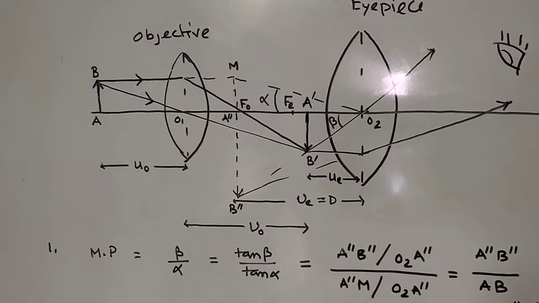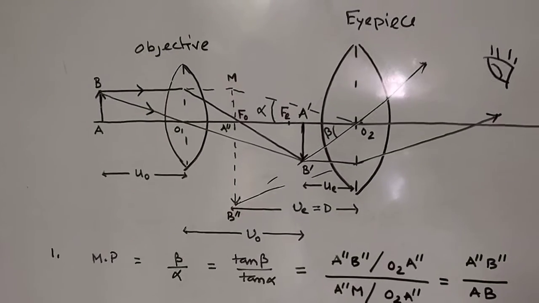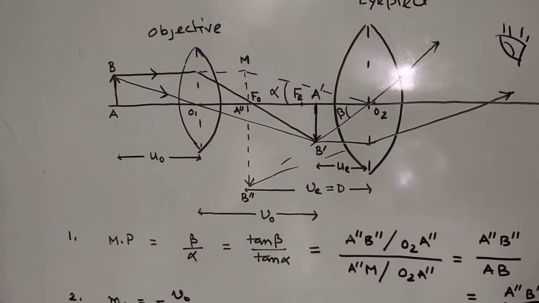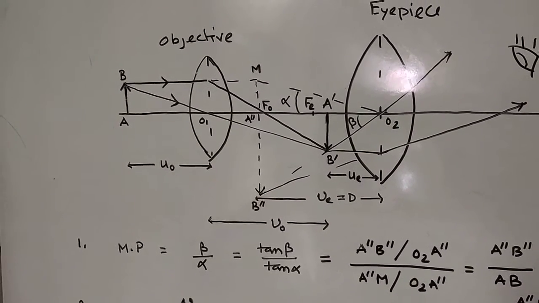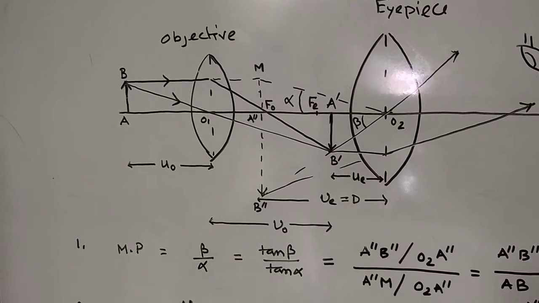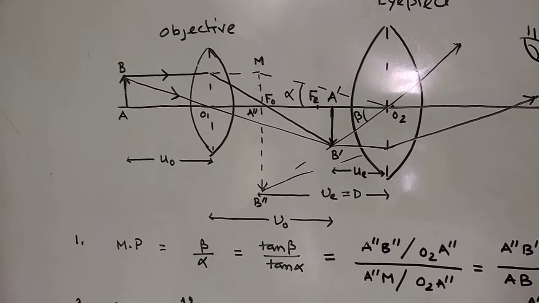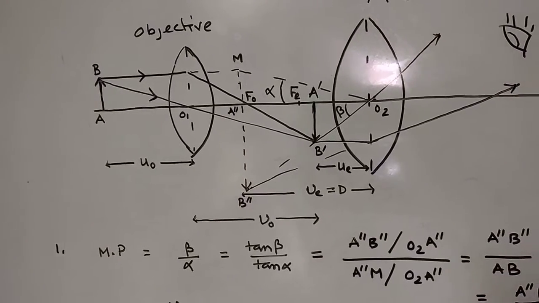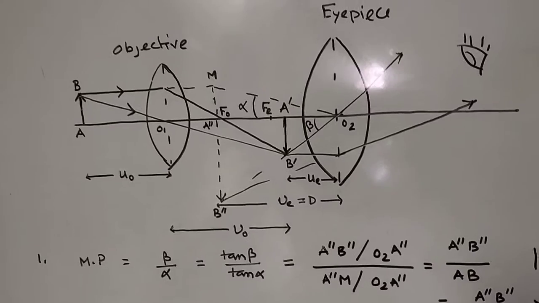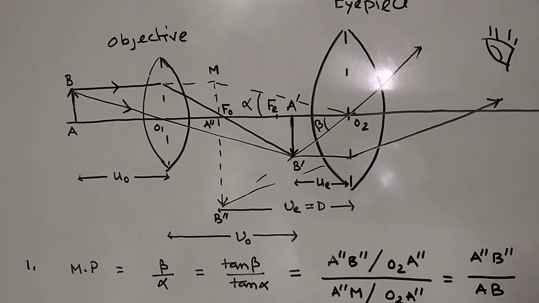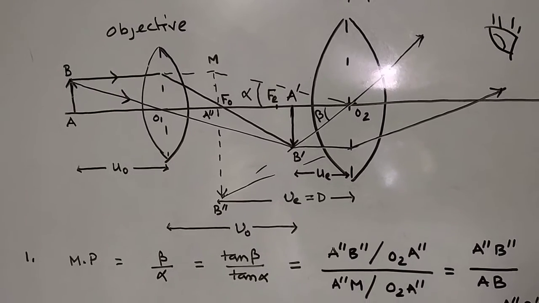Now if you have to place the object at the least distance of distinct vision, you have to go for the geometry part. So you have to extend the ray which moves parallel to the principal axis from AB, and you have to place that A double dash M. A double dash M is nothing but AB, and it is placed at the least distance of distinct vision where the final image is, and the angle is alpha, made with the optical center O2.